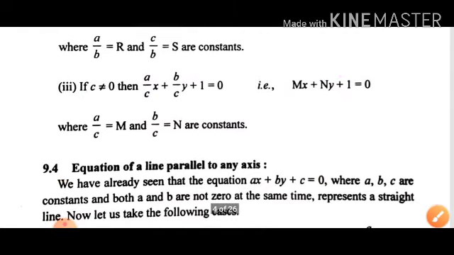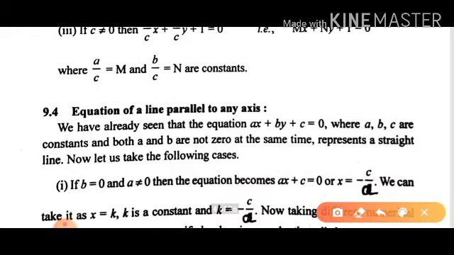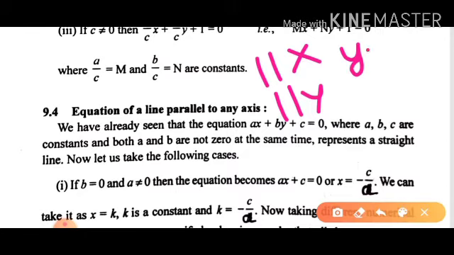Now the equation of a line parallel to any axis. We know that for a line parallel to the x-axis, y = c, and x = c is parallel to the y-axis.